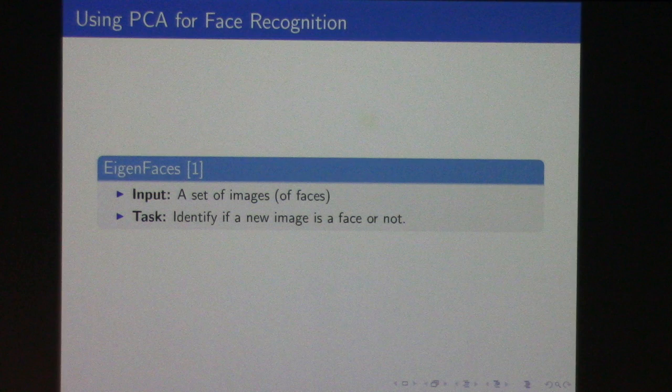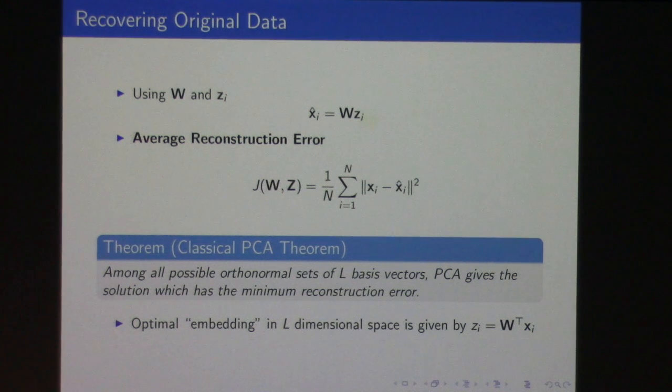So you can take any other way to compute lower dimensionality of data using linear combinations, of course, right? And PCA will always give you the best answer. And we saw that using this classical PCA theorem, which says that if you take any L basis vectors, right? So PCA also takes L basis vectors that it multiplies with your original data to get the reduced space, right?